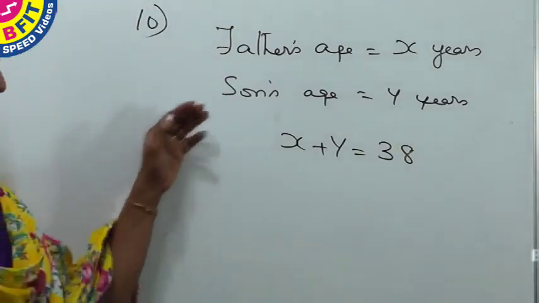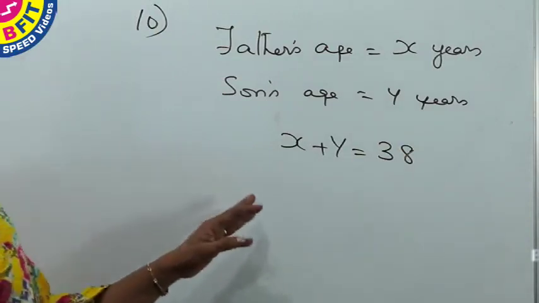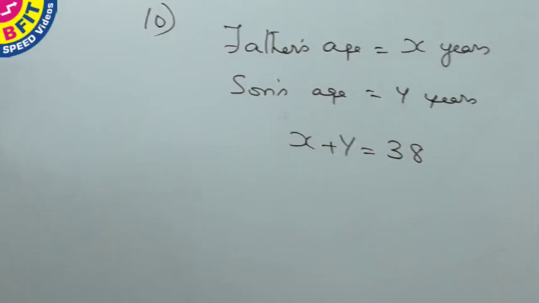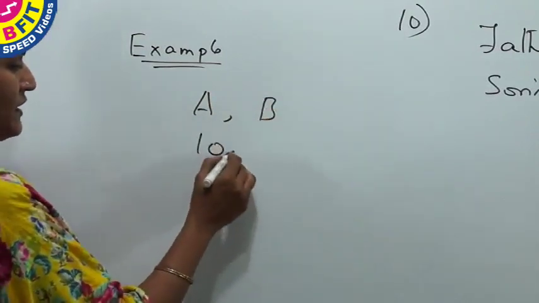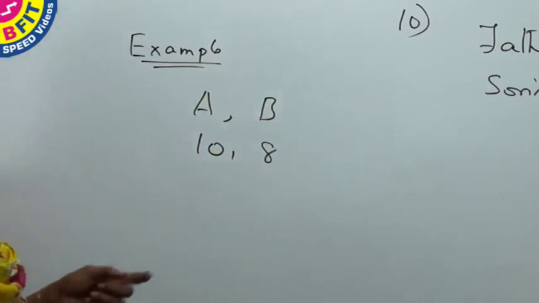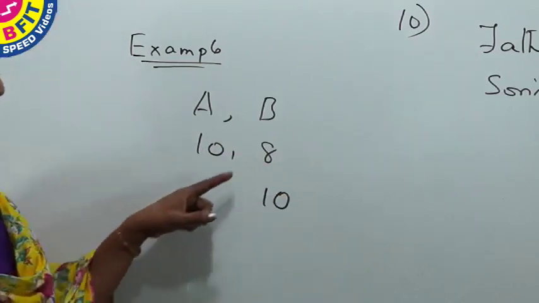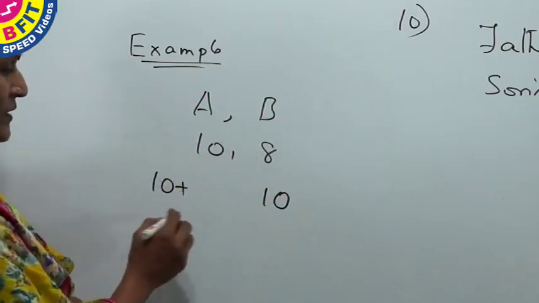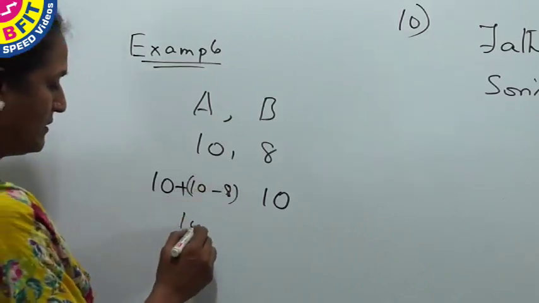So when the son attains father's age, after so many years, the sum of father's and son's age is given as 90. Say for example, if two persons A and B have ages 10 and 8, when B attains A's age, that is when B is 10, after 2 years, A's age will be 10 plus the difference in their present ages, that is 10 plus 2.